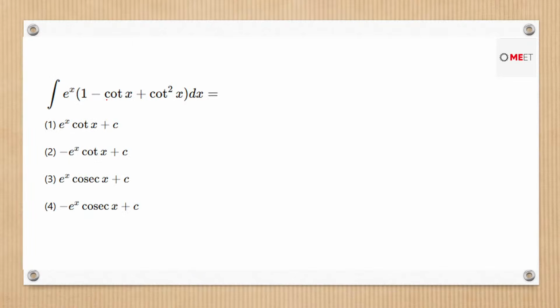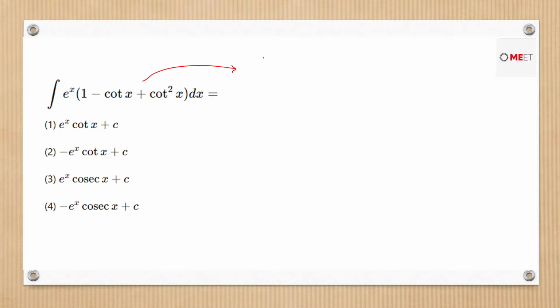Now moving to next question. It is the combination of exponential and trigonometric functions. The identity cosecant square x minus cot square x is equal to 1, we can recall over here.